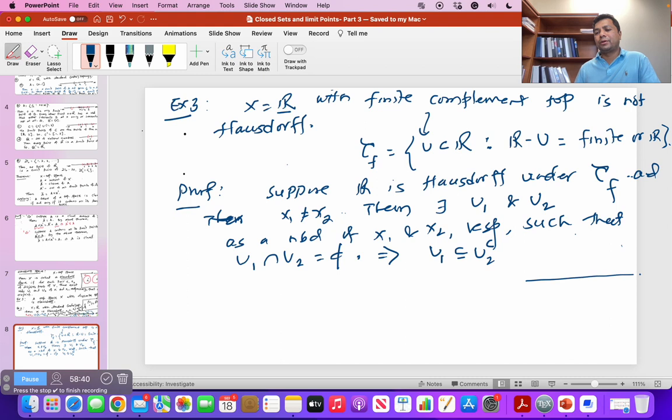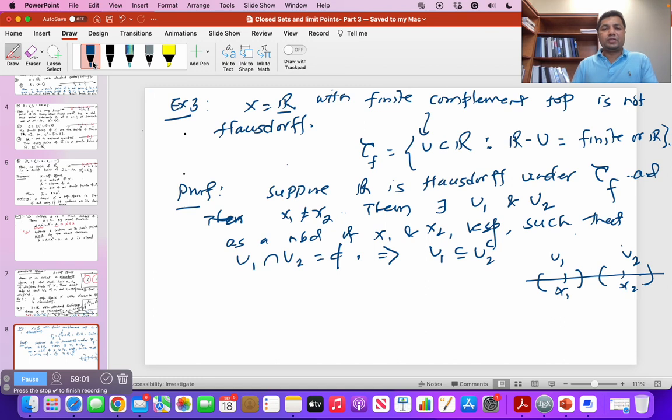So basically what we have here is a situation like this. This is the real line. We are taking x1 here and x2 here, and this is the open set u1, and this is u2, the open set or neighborhood of x2, and these two are disjoint. I mean, they don't intersect.